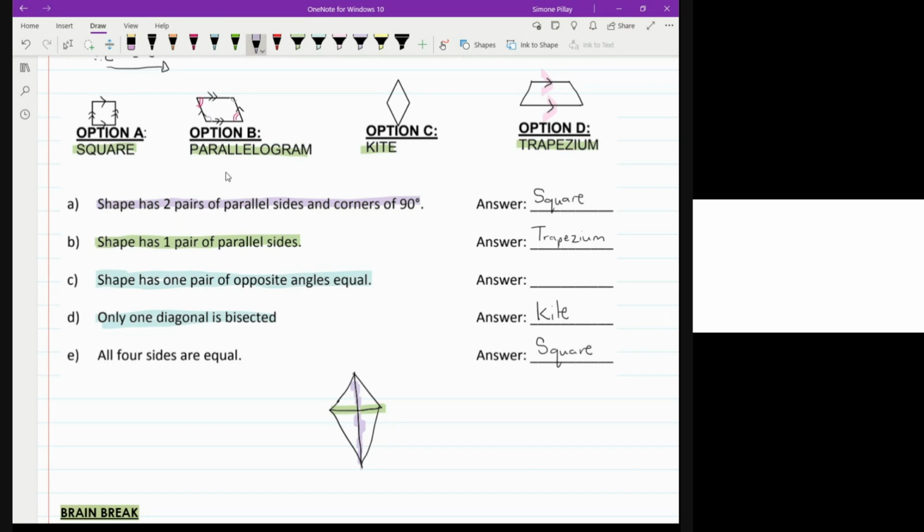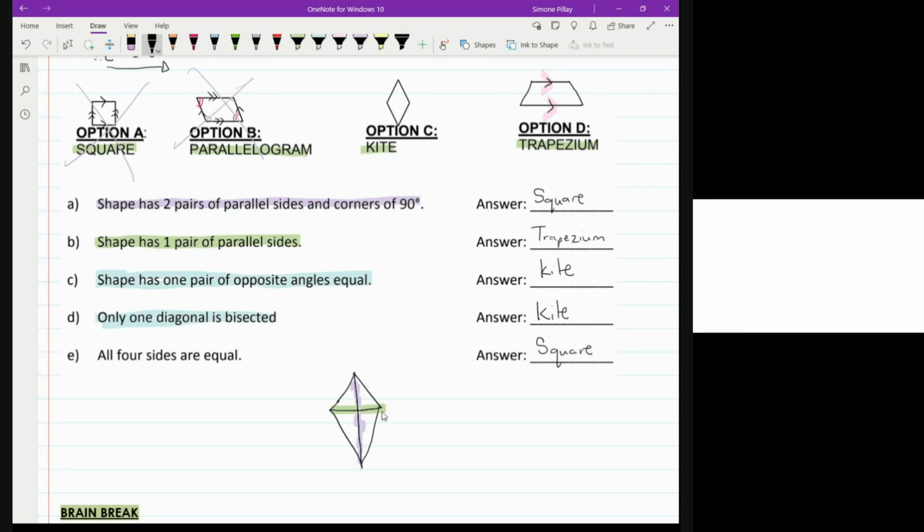A square also has two, because they're all 90, so my opposite angles are all equal to each other. So my parallelogram is out, my square is out. We're now looking at a kite and a trapezium. And the answer is a kite. We actually didn't even use a parallelogram in any of these. The answer is a kite.